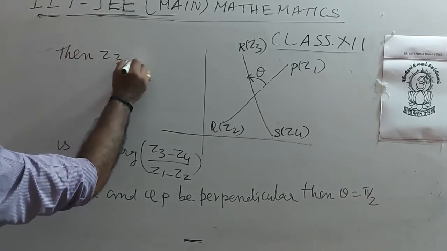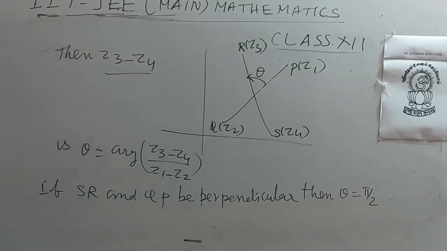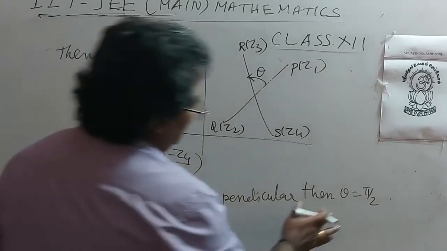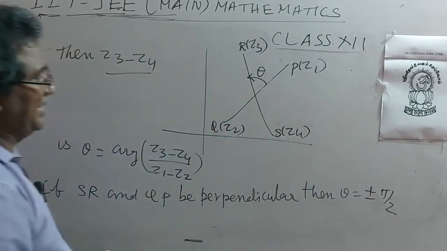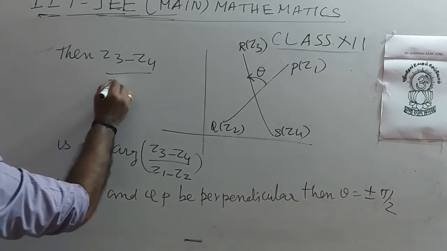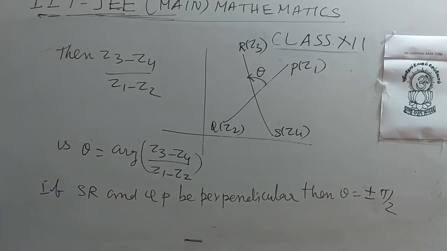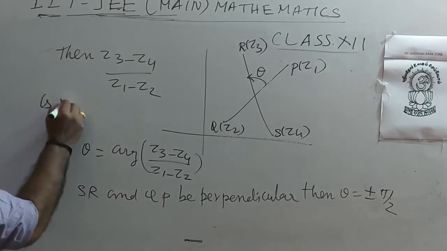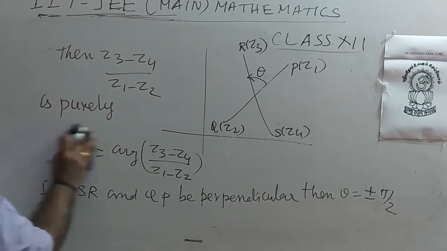Then theta equal to, we can say, plus or minus pi by 2. Then Z3 minus Z4 by Z1 minus Z2 is purely imaginary.